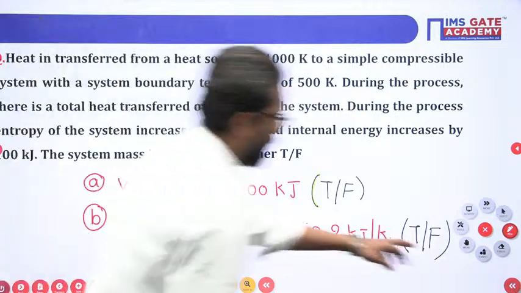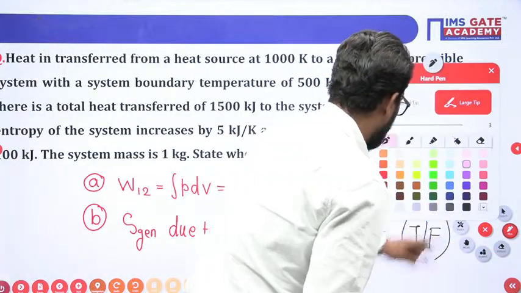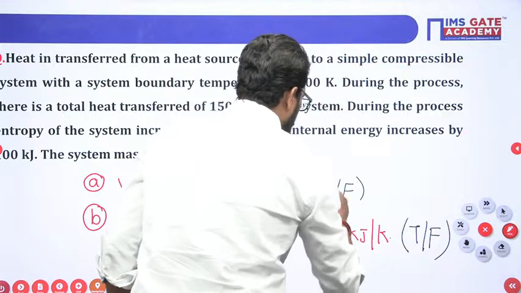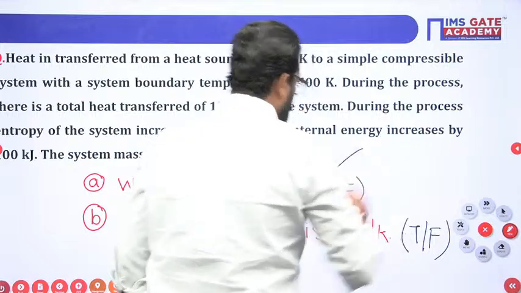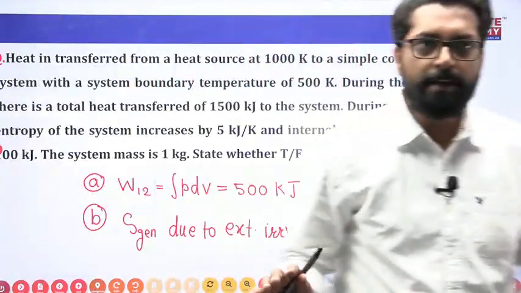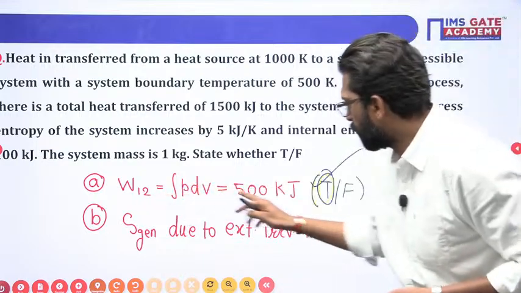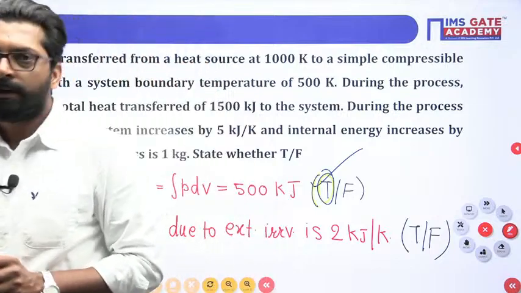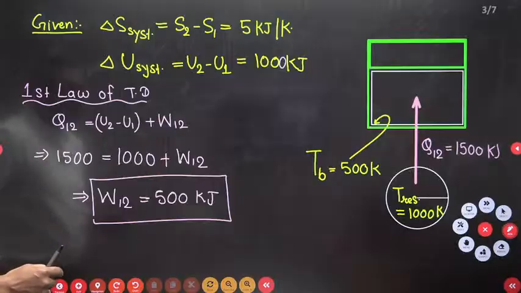This is true. No problem. Then we'll check the second one. This is true. Why? Because work 1 to 2 is 500 kilojoule. Clear?